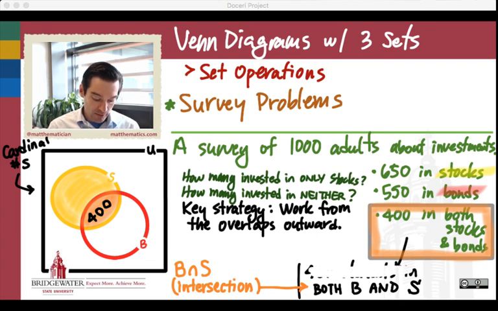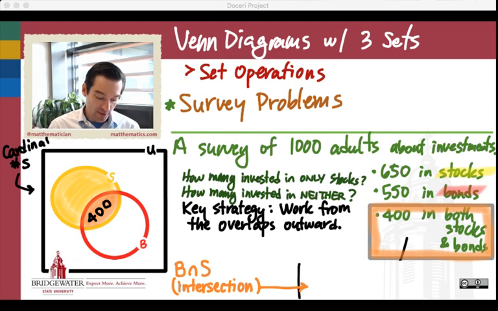So let's think about how we would sharpen that question a little bit. If I want to know the number of people that are in stocks but not bonds, or maybe I'll say it this way, stocks and not bonds, well, we have this key word "and" showing up here again.